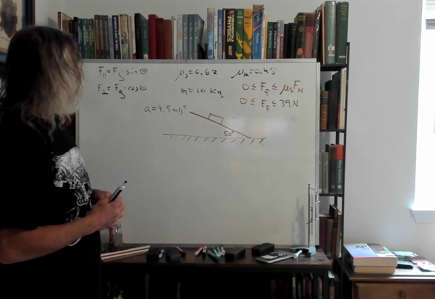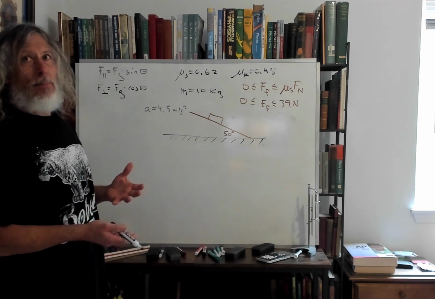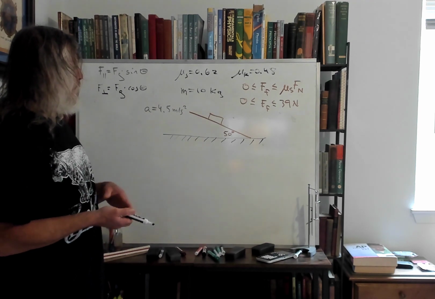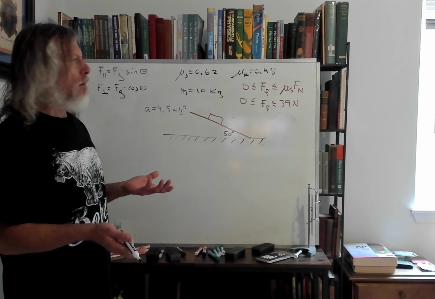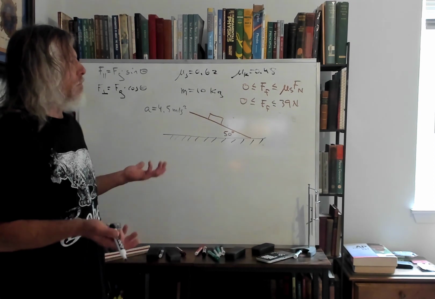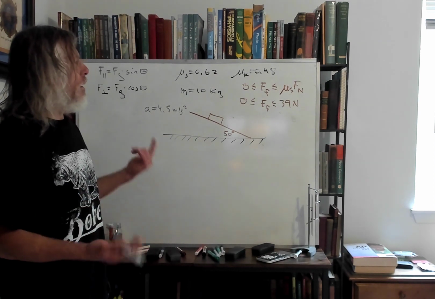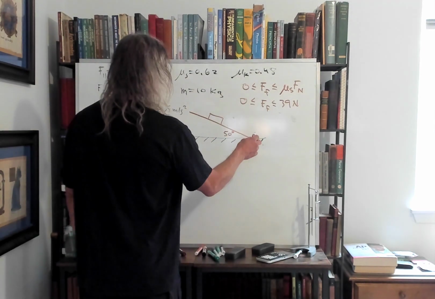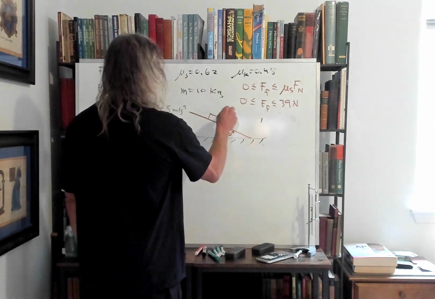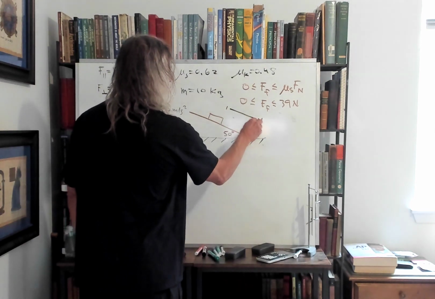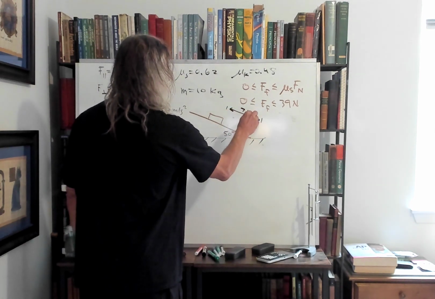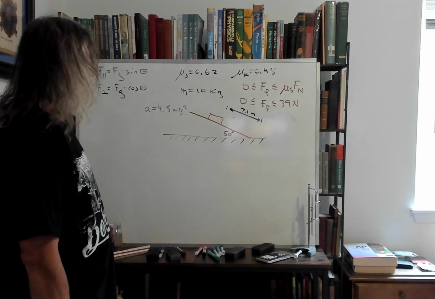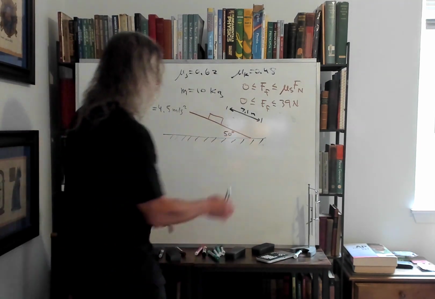Then let's say that the object starts out at 7 meters. How about just 7.1 meters up the board. Let's say from the bottom to here, 7.1 meters, to this point here.